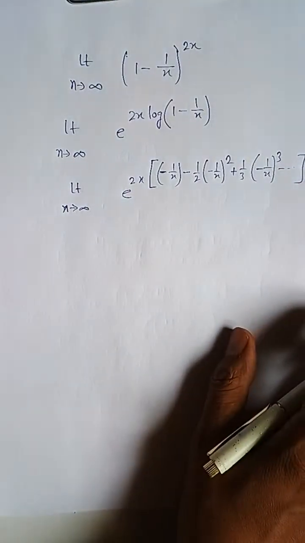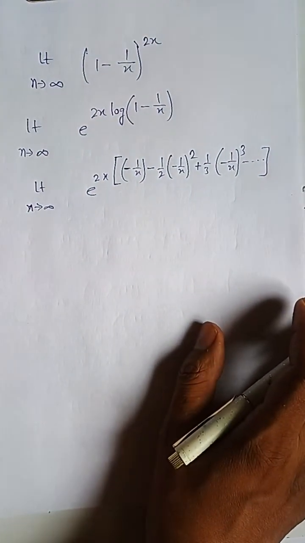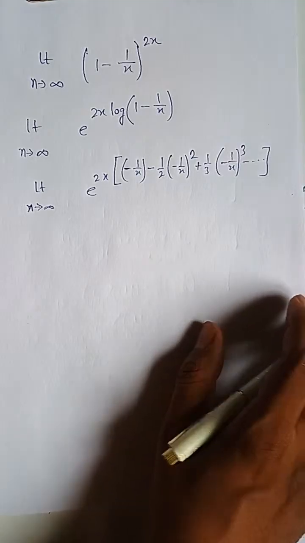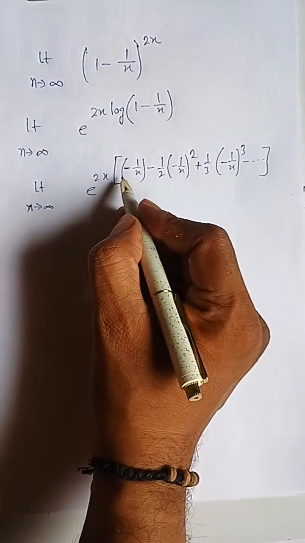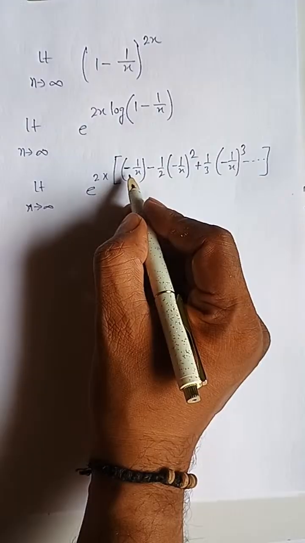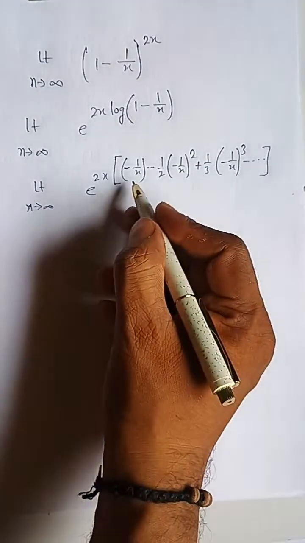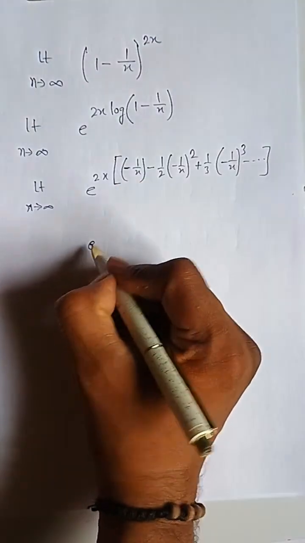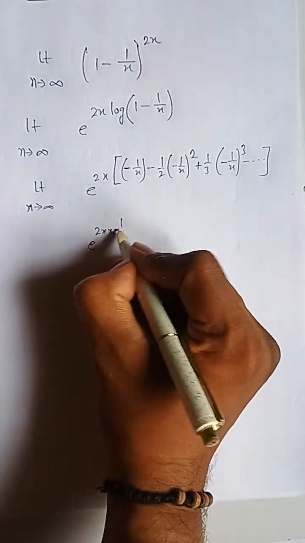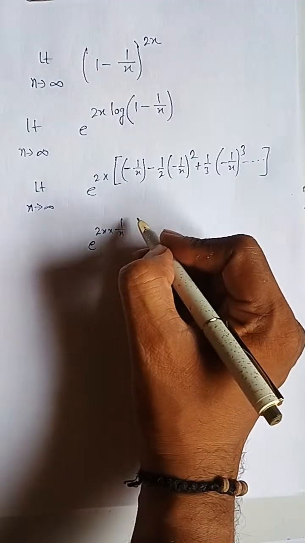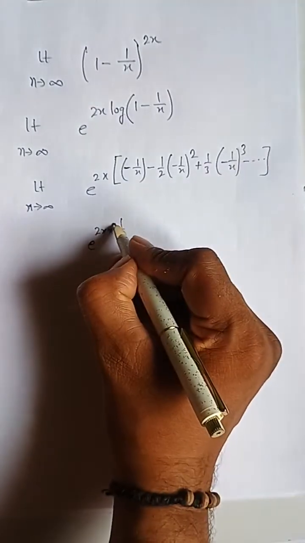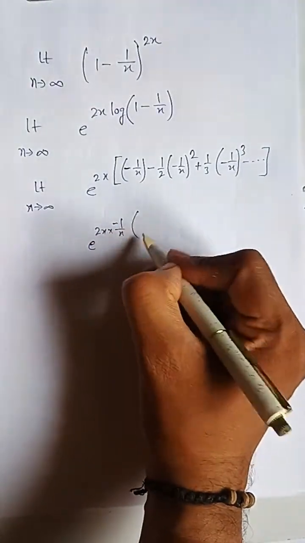So I can write it so. You will see that here I'm just taking negative 1 by x, or I can take x only. So e to the power 2x, I can take 1 by x. Minus is already there, I can take also minus, no problem.